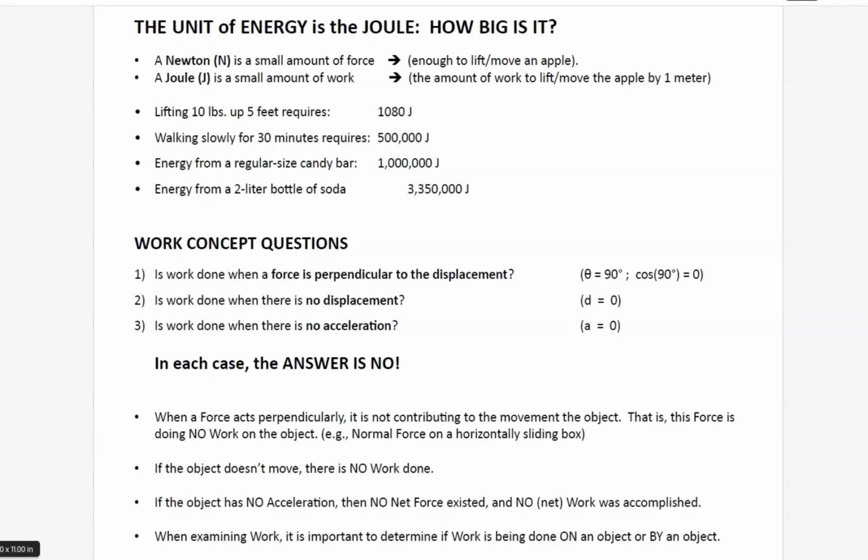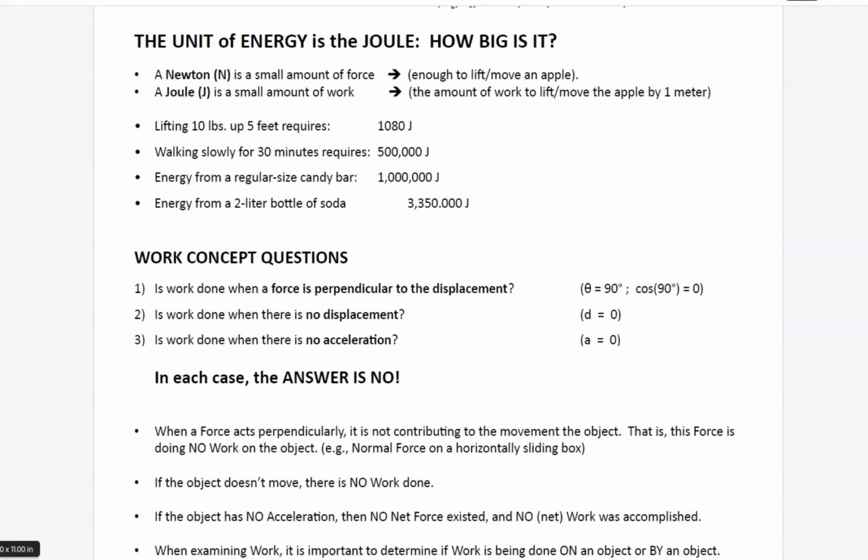And you might not be aware of this, but when you read packages of food, they'll say how many calories are on the package. The calories that are on the package are what we call a big C calorie. They have a capital C on the calorie. Chemists use the little c calorie, which is 1,000 times smaller.